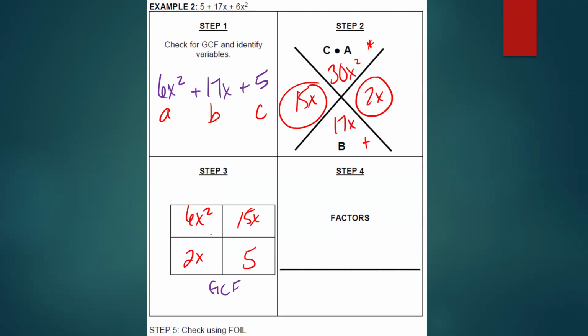Think of this like reverse Punnett squares from biology. We're filling in the outside instead of the inside. So here, 6x squared and 15x gives us 3x. 2x and 5 gives us 1. 6x squared and 2x gives us 2x. And 15x and 5 give us 3.